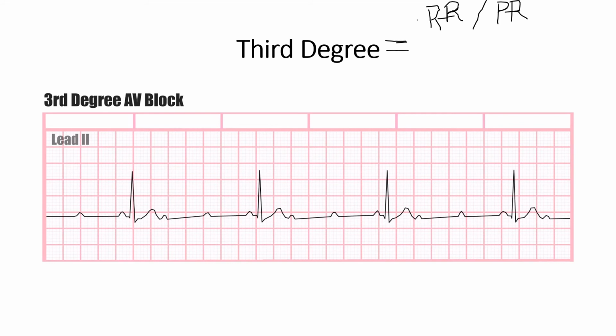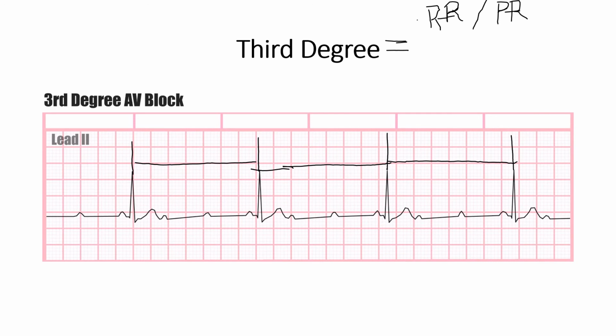And this is why you don't want to use PQRS, because most people will say that there are drops on third degree. They look at this and they go, oh, I have drops. I want you to avoid doing that for this inspection. When you inspect your rhythms, I really want you just, again, to use that R to R. And hopefully you guys are seeing what I see, which is that on third degree, you have no drops. It's all there. Okay? If you can do that, you're doing fantastic.